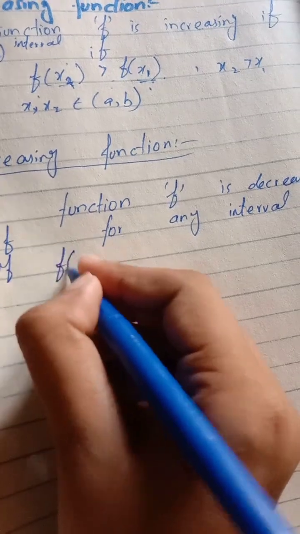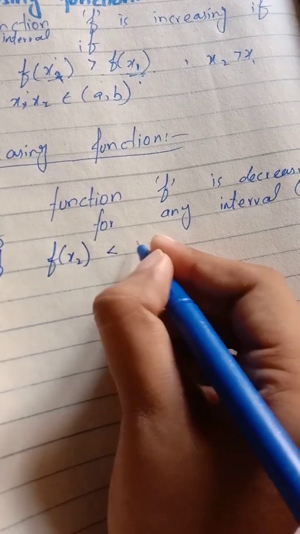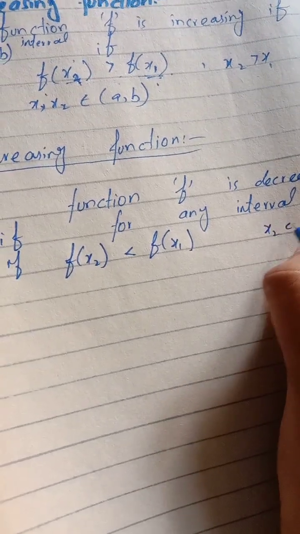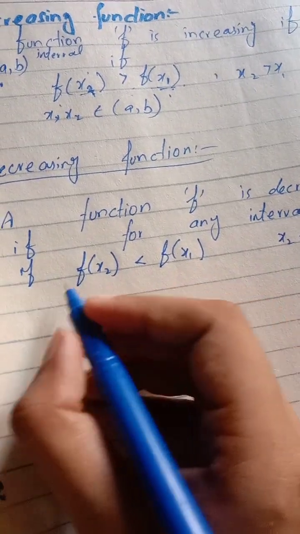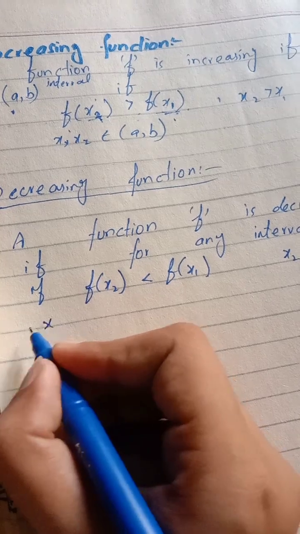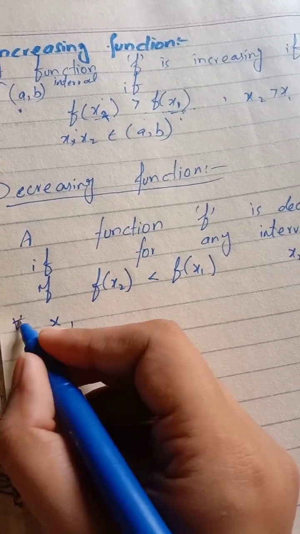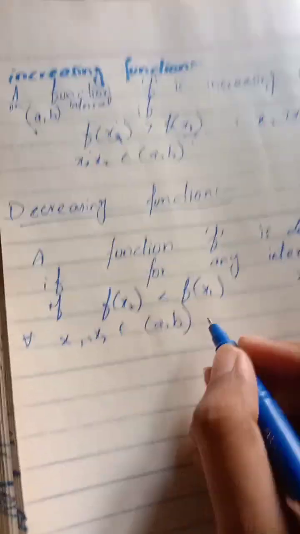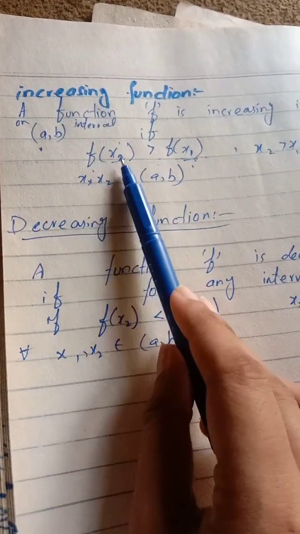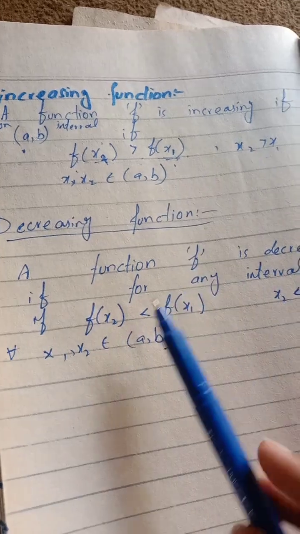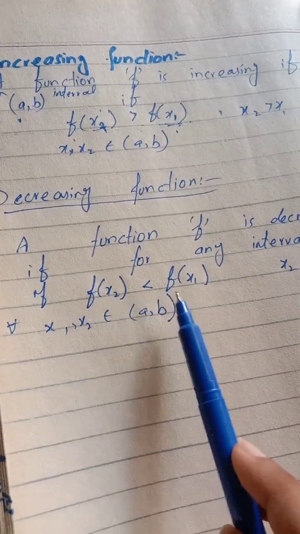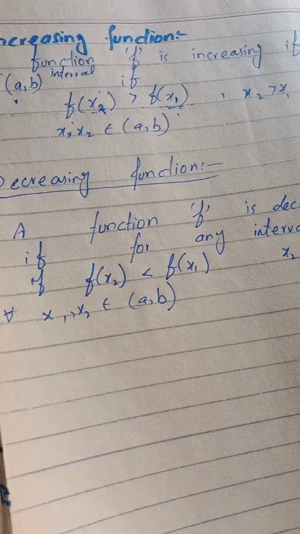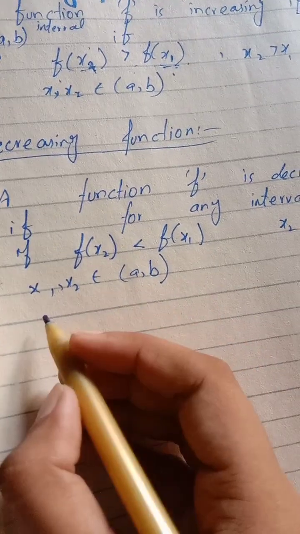If f of x2 is less than f of x1 when x2 is less than x1, for all x1 and x2 belonging to our interval. For an increasing function, f of x2 is greater than f of x1, and for a decreasing function, f of x2 is less than f of x1.